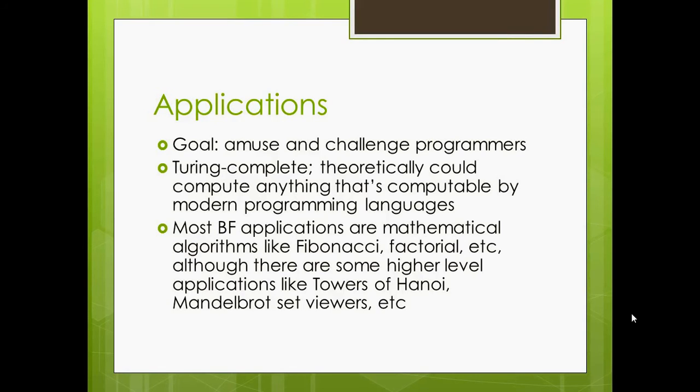So even though BF is Turing complete, which means that it could theoretically compute anything computable by modern programming languages, most BF applications are designed to test what that particular programmer can actually make using BF. A lot of these programs are mathematical algorithms, like outputting an arbitrary number of the Fibonacci sequence or factorials, although there are some higher level applications that do exist.